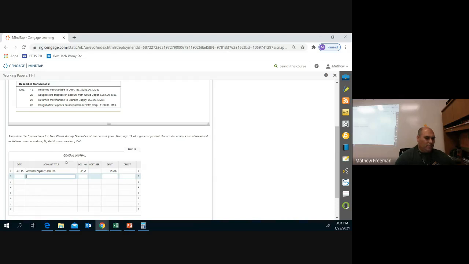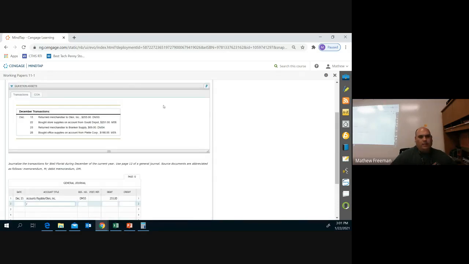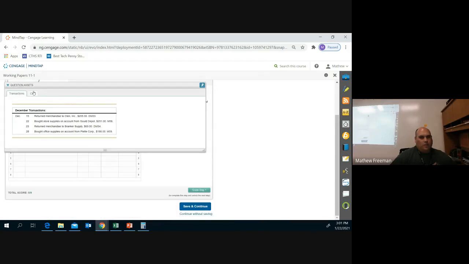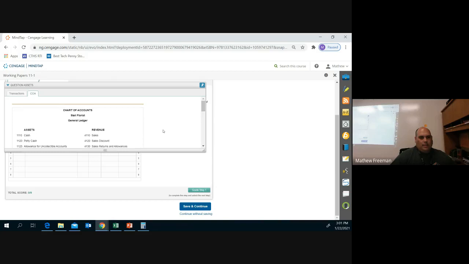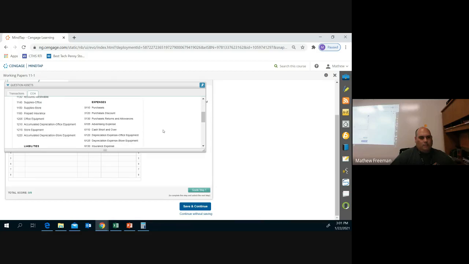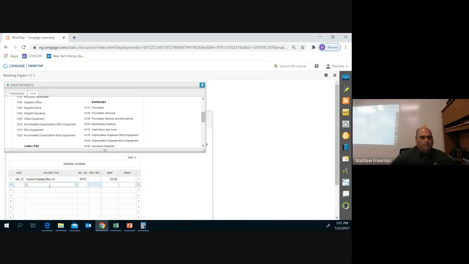And so over here, we can go to our chart of accounts and look at purchase returns and allowances. That's what we're going to put in, so we can get the correct account.